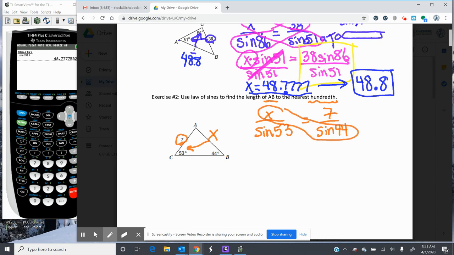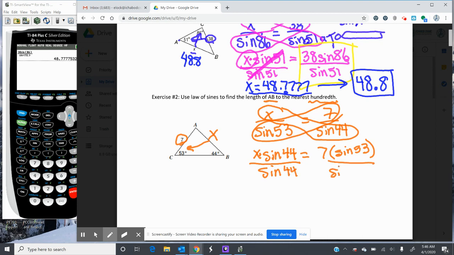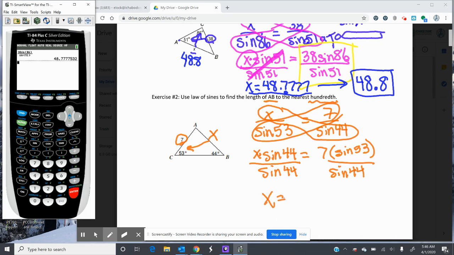So there's our setup. Side over the sine of the angle, and the side over the sine of the opposite angle. Our cross products give us x times sin 44 equals 7 times sin 53. Here again, those are being multiplied, so we've got to divide over by that sin 44. And x equals. Now, some of you don't have the fancy graphing calculator.